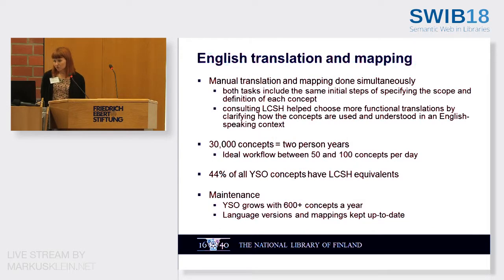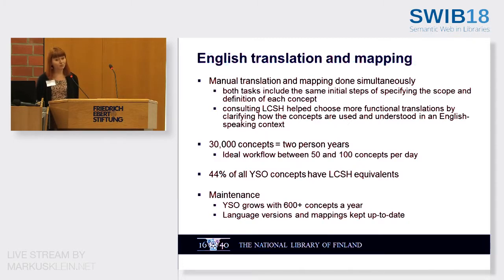So the English translation and the mapping were done simultaneously and both manually. Both tasks, the mapping and the translation, involve the same initial steps where you have to try to specify the meaning of each concept and its scope of use.